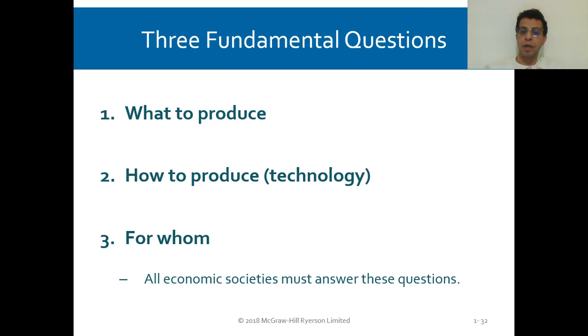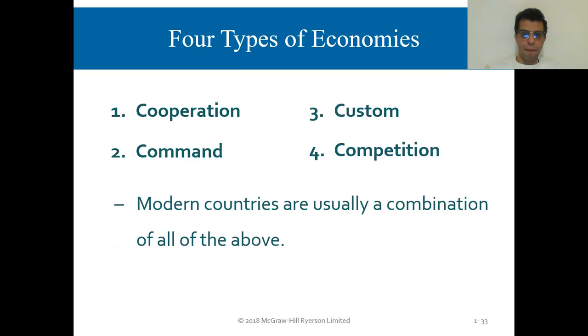It's the method that I'm going to use. And for whom? In my case, for my neighbor, and my neighbor will sew some clothes for me. So all economic societies must answer these questions: what to produce, how to produce, the technology, and for whom to produce.